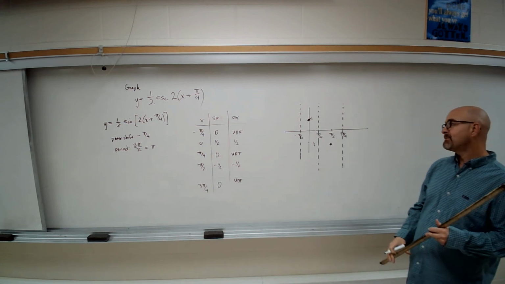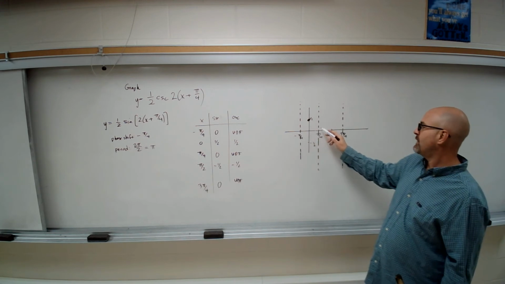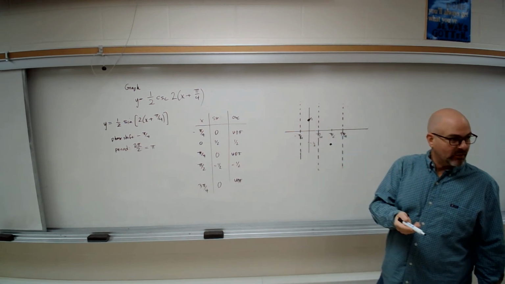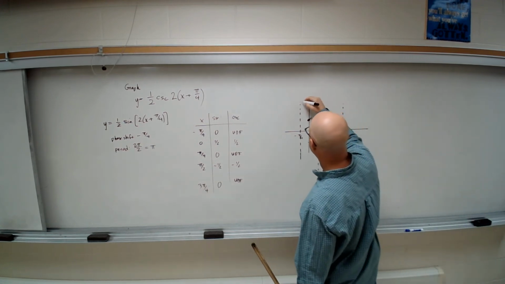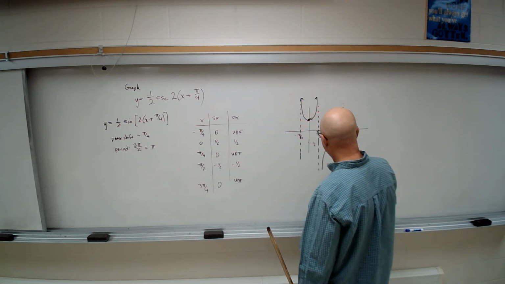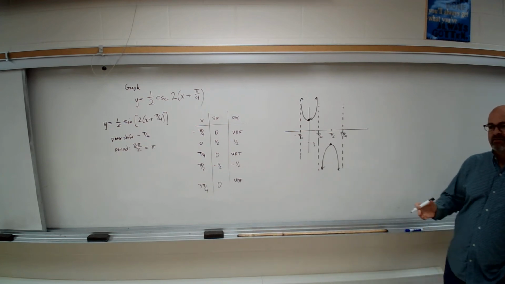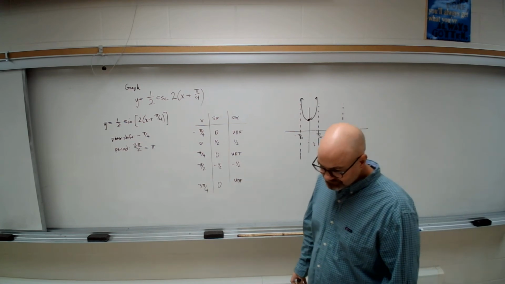Again, at this point, if you think of the sine curve, where it hits the midline, that's going to give you your vertical asymptotes, right? Where it hits a peak or a valley, that's going to give you a point on the cosecant curve. So that graph is one period of that graph, right? If you need to pick more periods, you could do that.